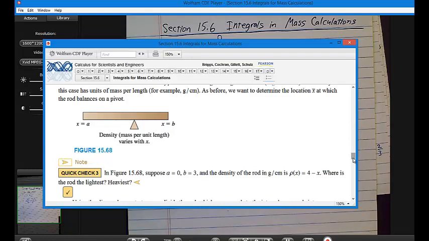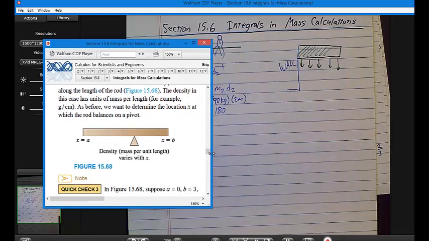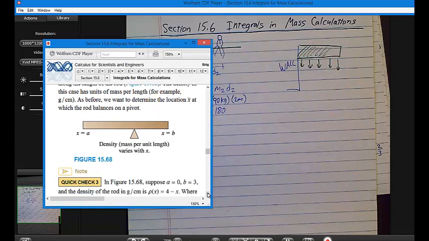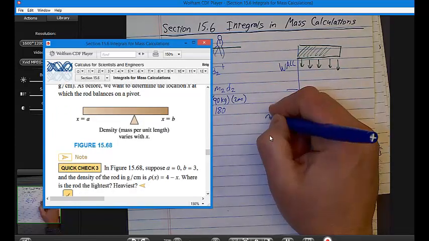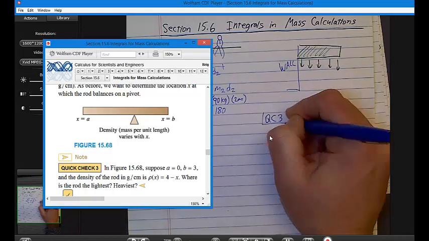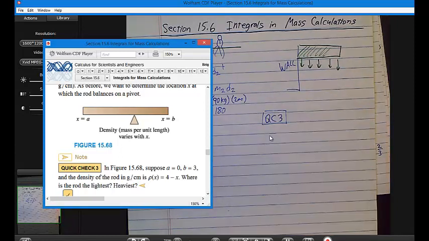So what's that mean? Let's draw the picture carefully here. Here, scoot over, book. Okay, so let's see. This is quick check 3. And so I have, again, my fulcrum.